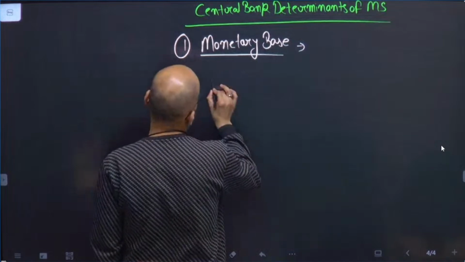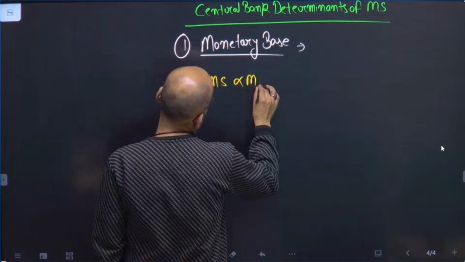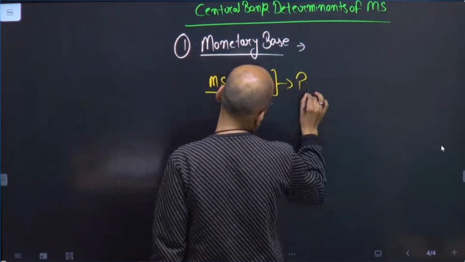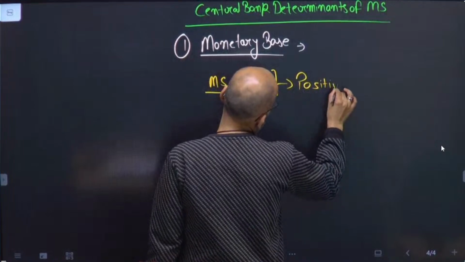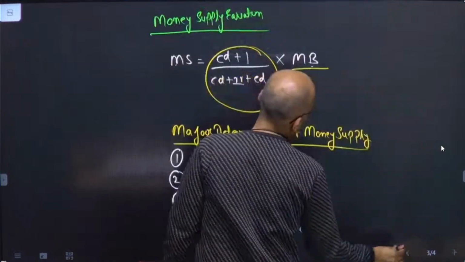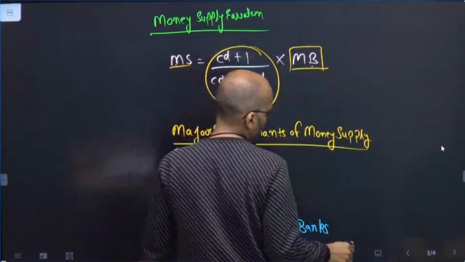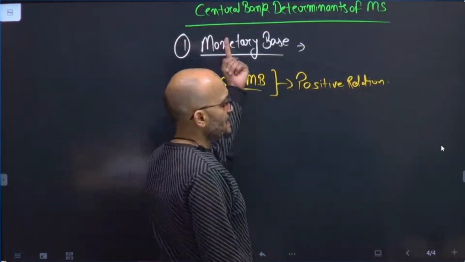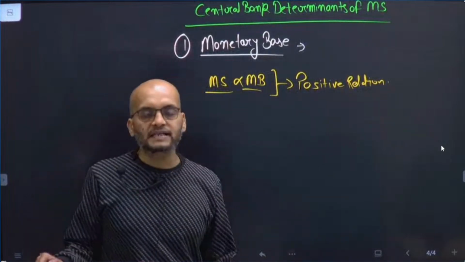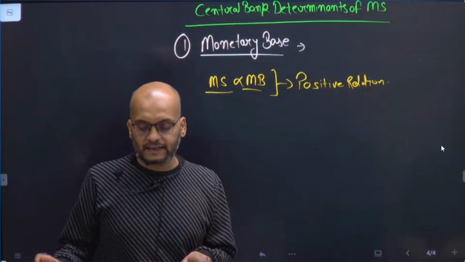Pay attention. MS is directly proportional to MB. Positive relation, yeah? Look at the equation. Direct relation of MS and MB. So if you are increasing the monetary base, money supply will increase. If you are decreasing the monetary base, money supply will decrease. Understood?